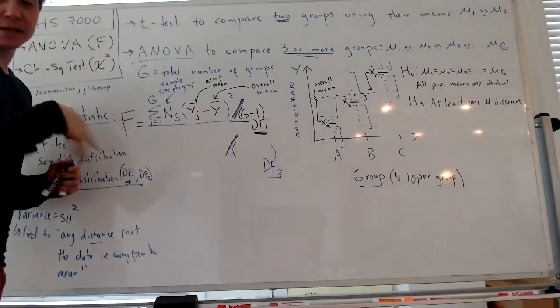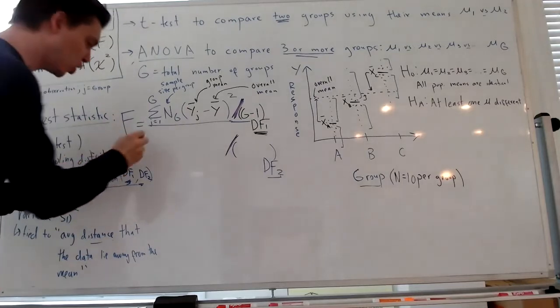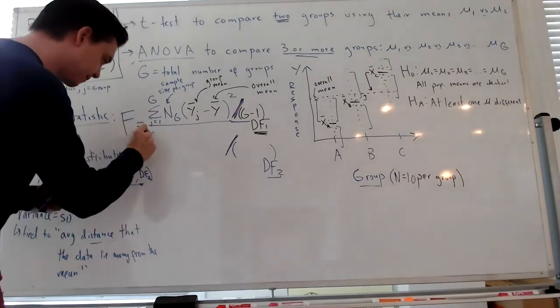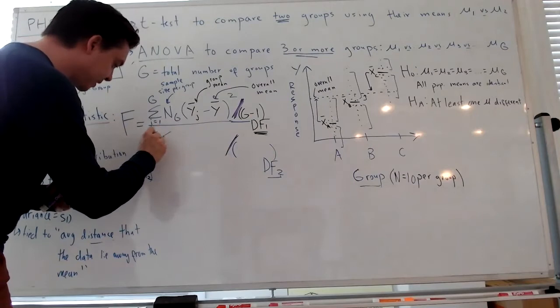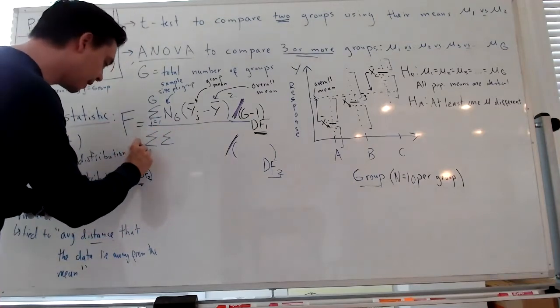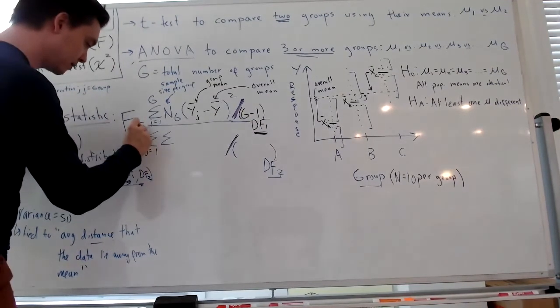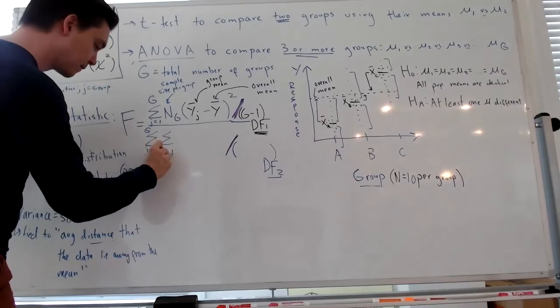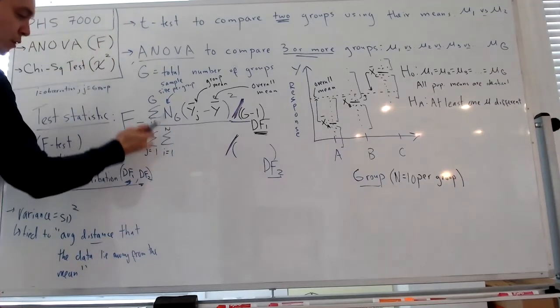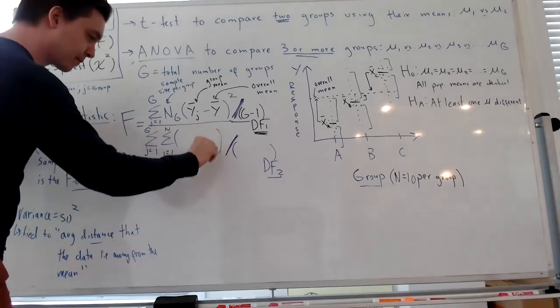So now the only thing left is this, the variance of individual data versus the group means. And so we're going to have a double summation. I told you it's not worth working out by hand. So we go J, remember J indexes group, I indexes observation. Sum over groups, sum over observations. What are we summing?